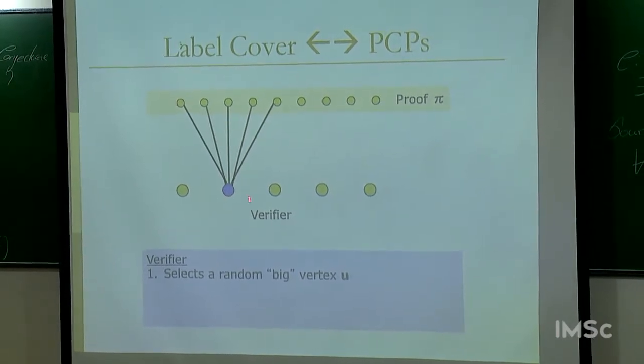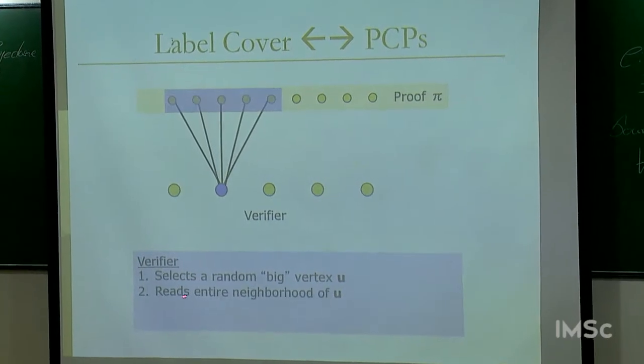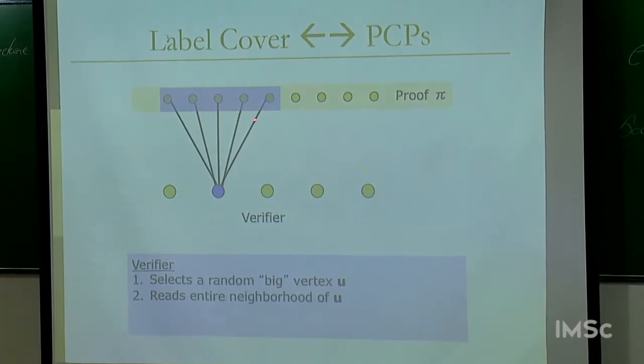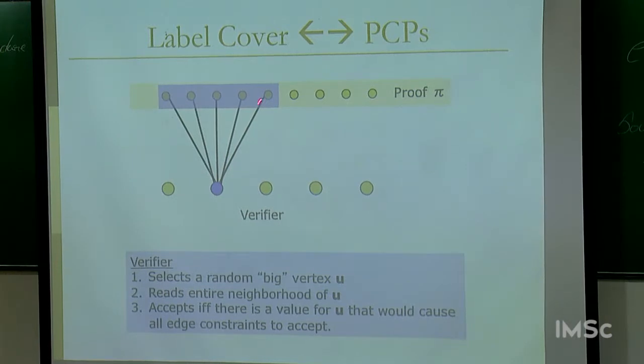It will just pick a random big vertex, that is a random left vertex, query the entire neighborhood of that left vertex, and accept if there is a value for an assignment for this guy that satisfies all the labels to this vertex. So is there a label such that all the projections are satisfied? If that is satisfied, then it will accept this local view.